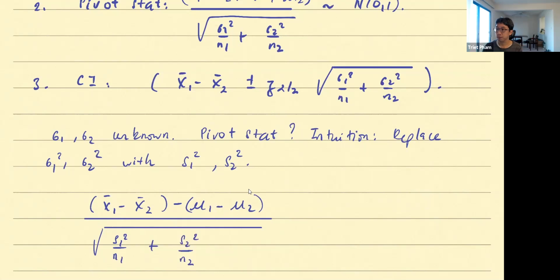So the question is, what kind of distribution is this? Is it T? Is it Z? Is it something else? Do we know?